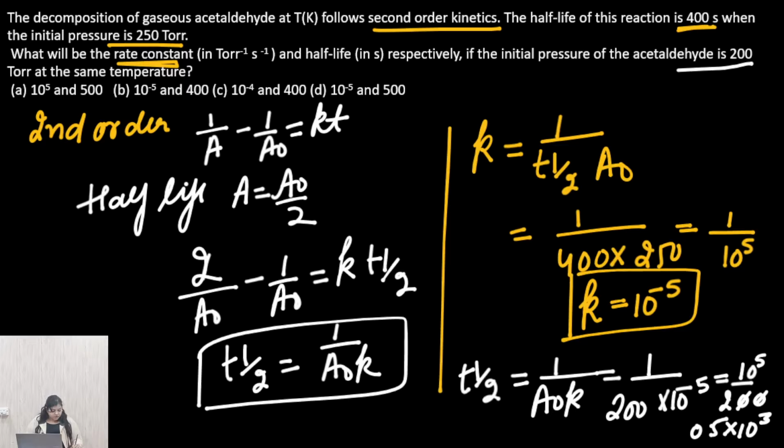Multiplying this, we get 500 seconds. So the T half value is 500 when the initial pressure is 200 torr, right? So the first answer was 10 raised to the power of minus 5 and the other is 500. That is given to us in option D, right?